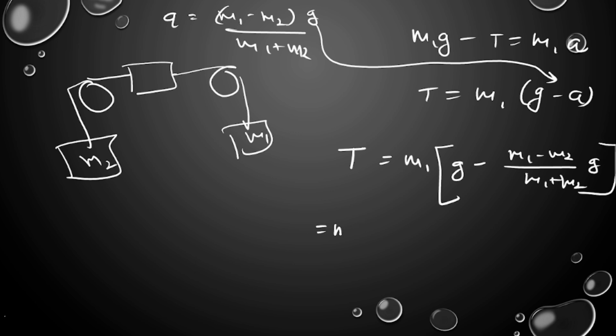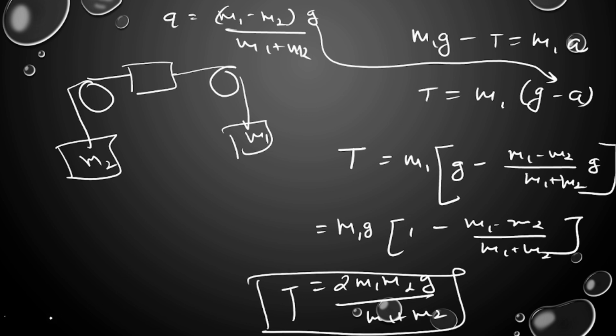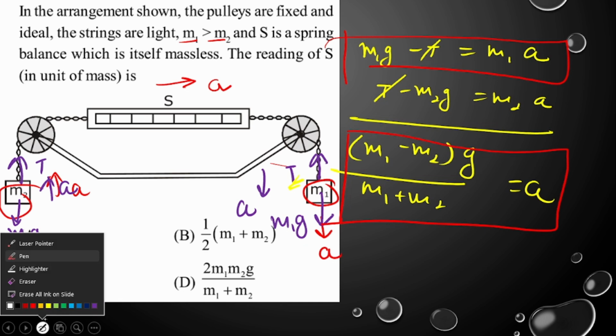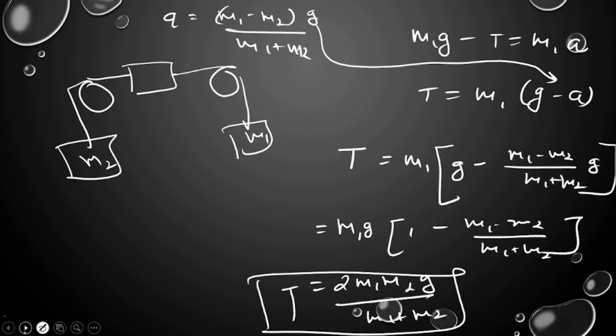Taking g common, M1 g [1 minus (M1 minus M2) upon (M1 plus M2)], and our final answer will come out as 2 M1 M2 g upon (M1 plus M2). This is the tension. This is the reading of spring balance.